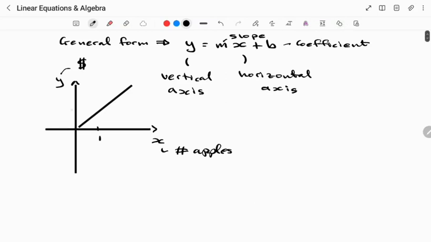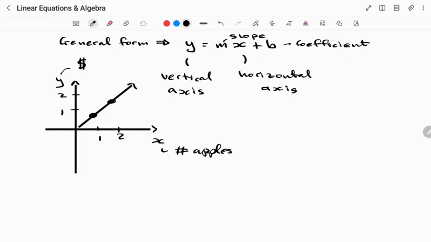So if this was 1 and this was 1, this point falls right here on the line. So one apple costs $1. Two apples would cost $2, and so on. This is what x and y represent. B represents the coefficient.